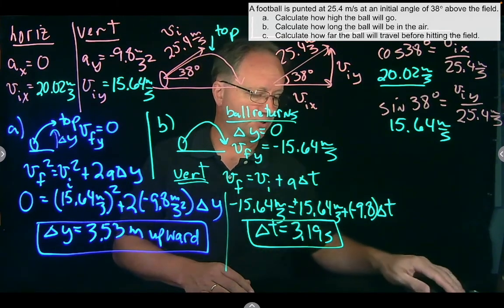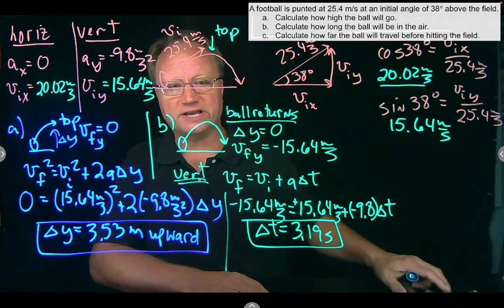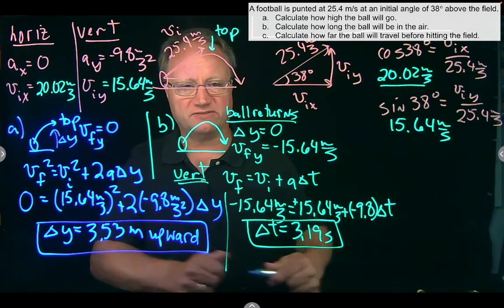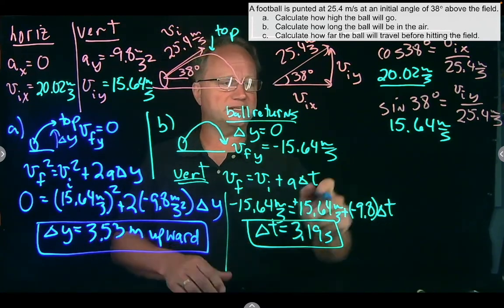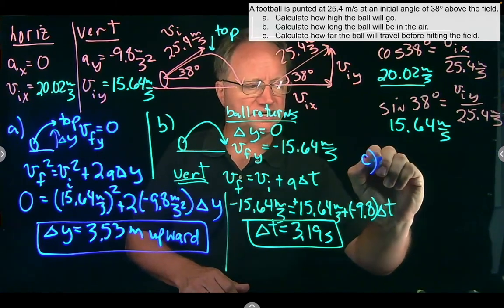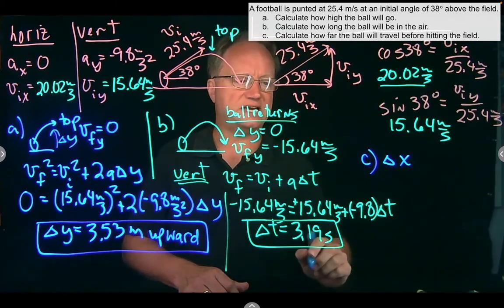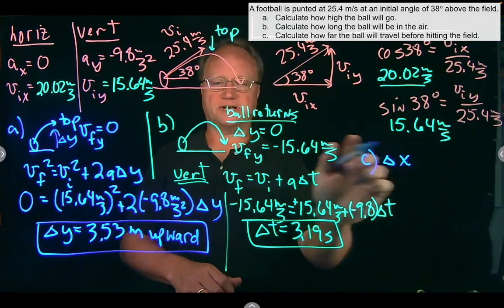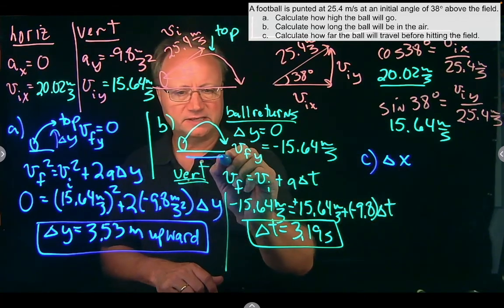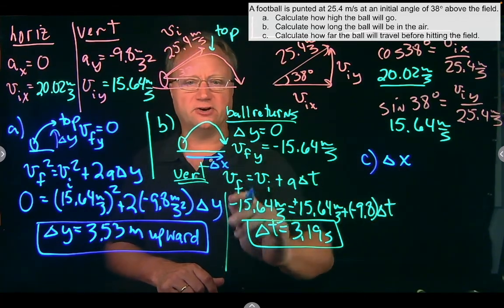Now, on part C, we want to calculate how far the ball will travel horizontally before hitting the field. So in part C, we want this delta x. Now, this delta x that we're calculating, we can mark on the diagram over here.